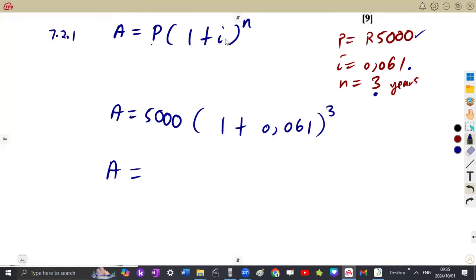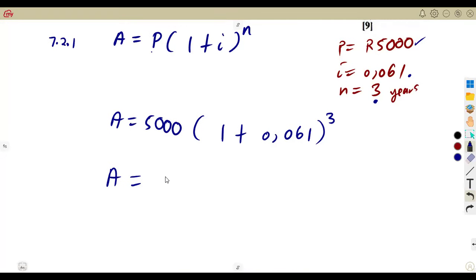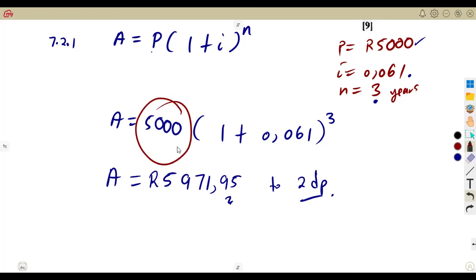So as a result, we can have our answer rounded to 2 decimal places, which gives us 5,971.95 rand. So if we say it's in inflation, the same trip that was supposed to be at 5,000, if there is inflation, it means the trip is going to be at what? 5,971.95 in 3 years' time.